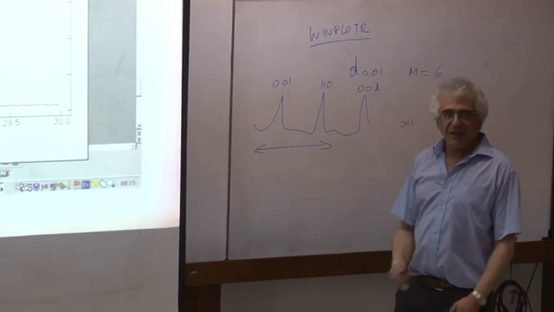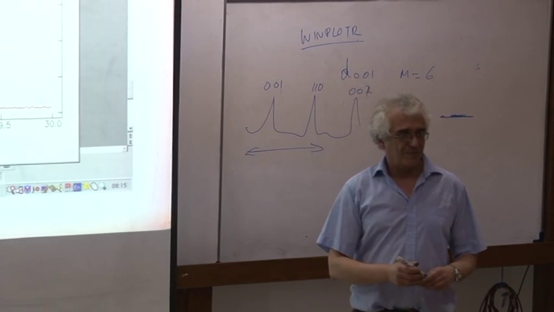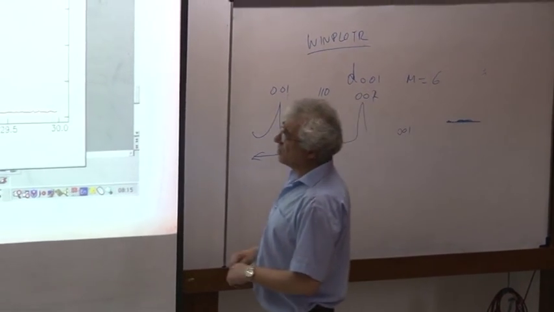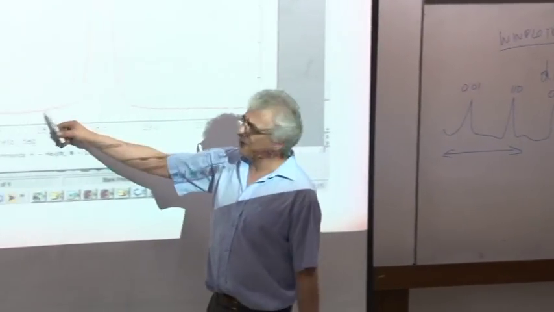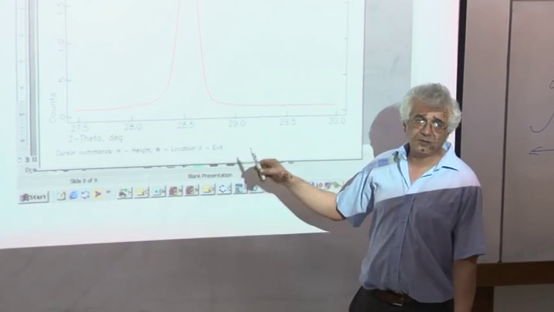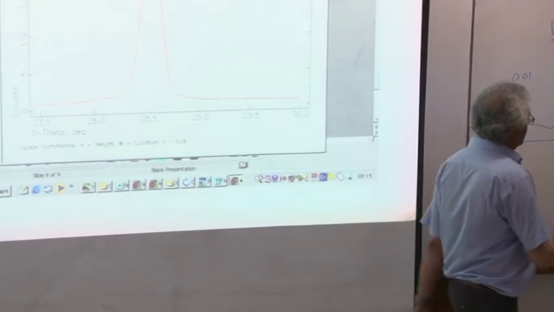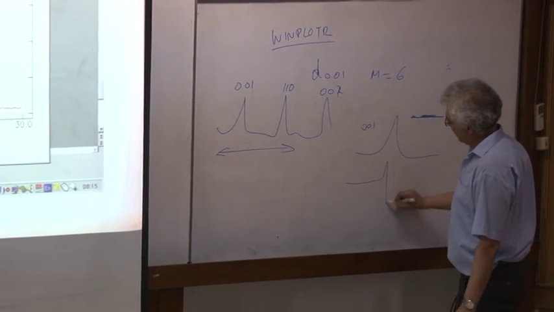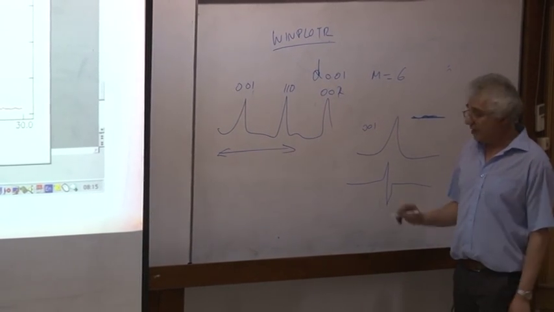There's an automatic peak search. How does an automatic peak search work? Very simply, it takes the first derivative of your pattern. If you have a pattern that looks like this, and you take the first derivative, you'll get something like that. And it looks for this.